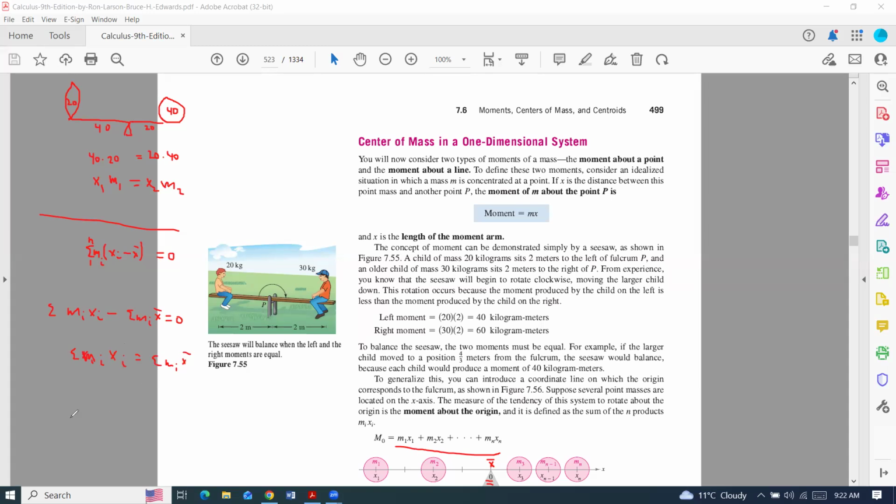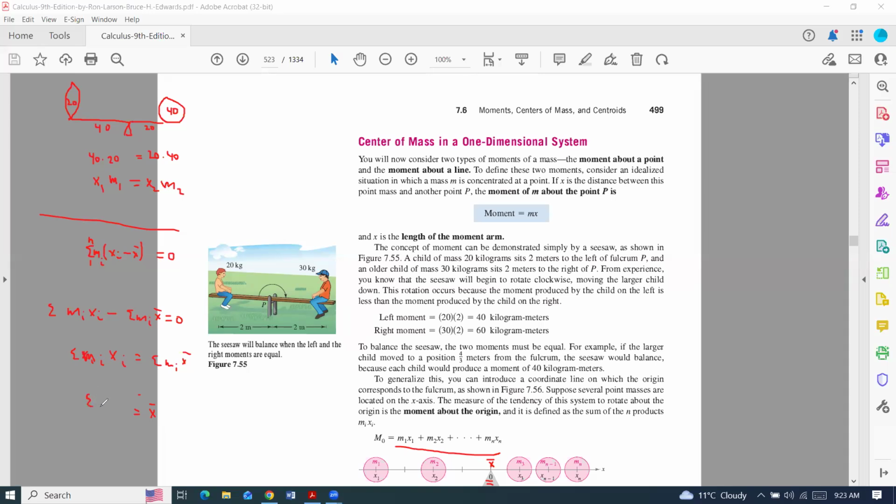Well, divide it by the sum of m_i's, because x bar is constant, so I can factor it out. So I can now divide by that sum of m_i's on both sides. So that way I find that balancing position.